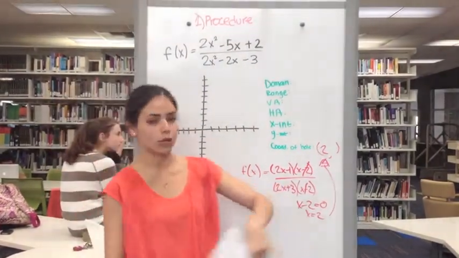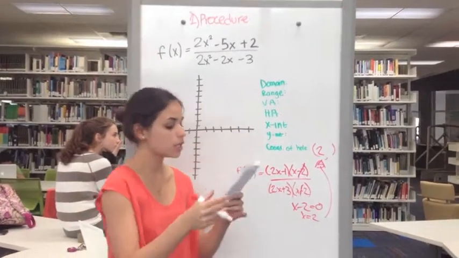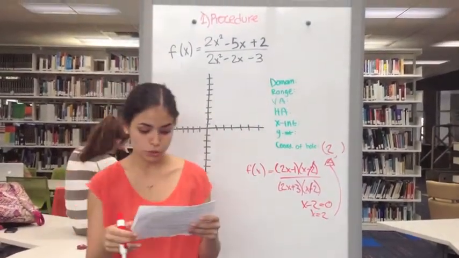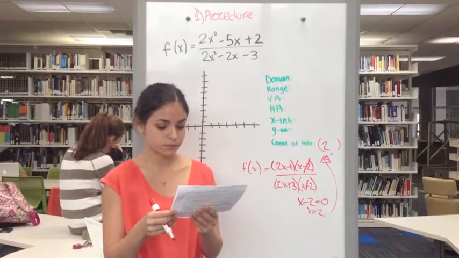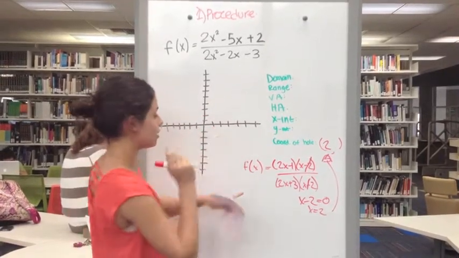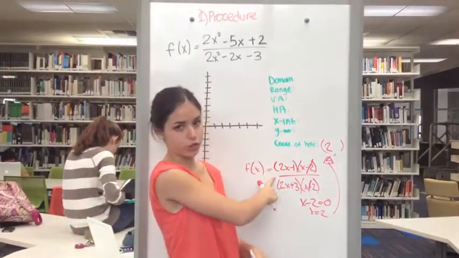Then whenever we have that, we have to find the y of the coordinate. So we substitute the 2 in our equation here.